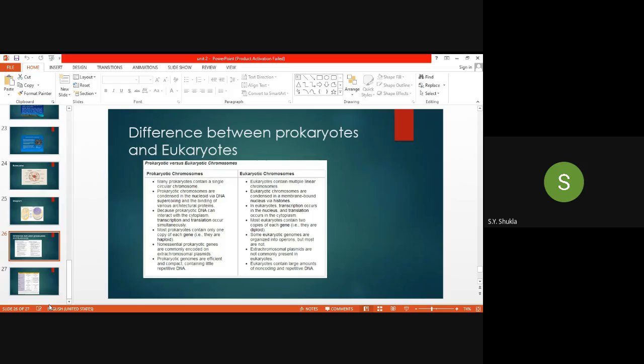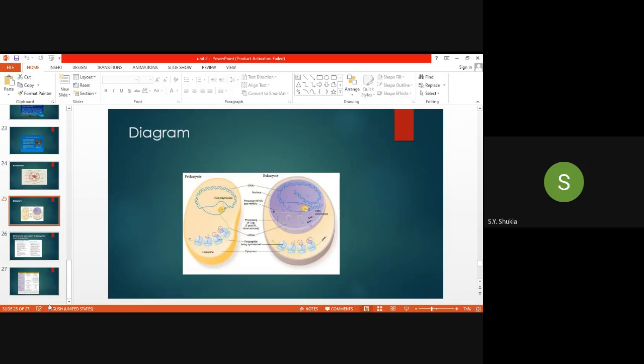There are various differences between the prokaryotic cell and the eukaryotic cell. In this diagram, they explain first of all the prokaryotic chromosome and eukaryotic chromosome, and this diagram is in relation with this slide also.